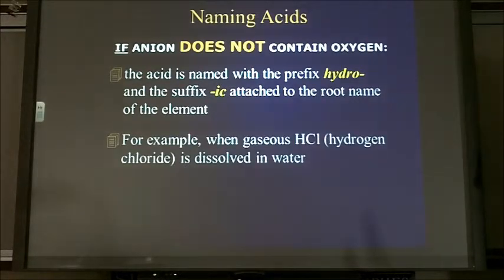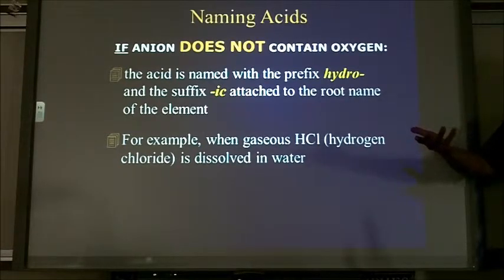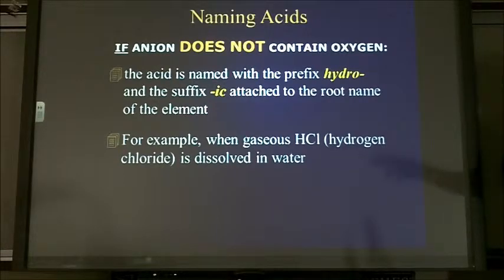Great example: HCl. Is there an oxygen in this? No. So we're going to have the prefix hydro. The hydrogen tells us that we're looking at an acid. With the chlorine, we drop the INE and put ic, so we have chloric. And since there's no oxygen, it's hydrochloric acid.